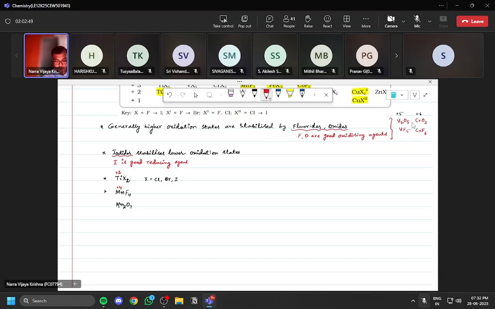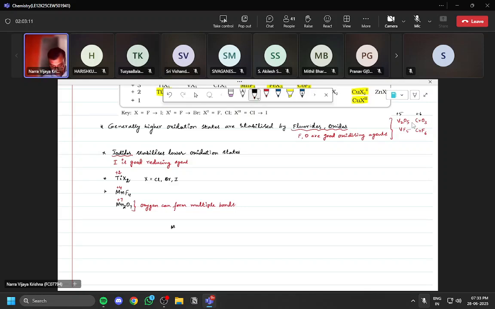Why is it forming up to +7 in oxides? Oxygen can form multiple bonds. And each manganese is surrounded by 4 oxygens maximum. Right? Take Mn2O7.